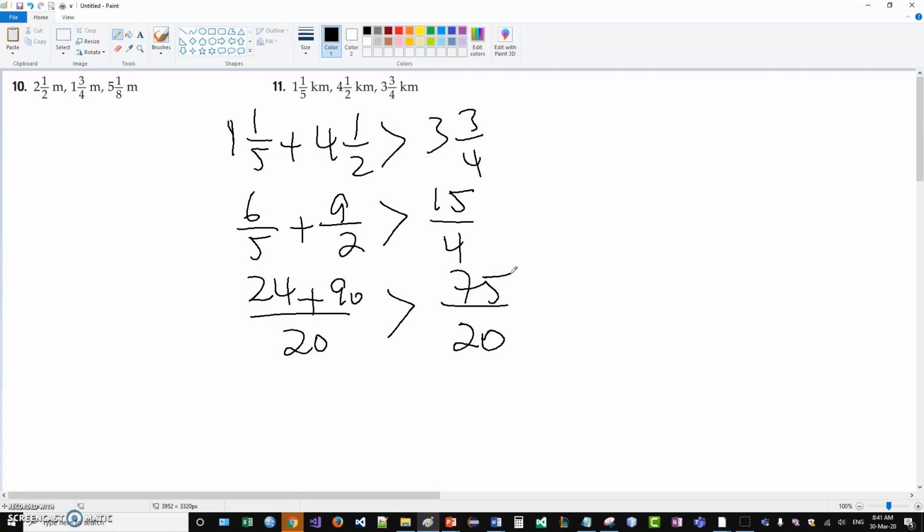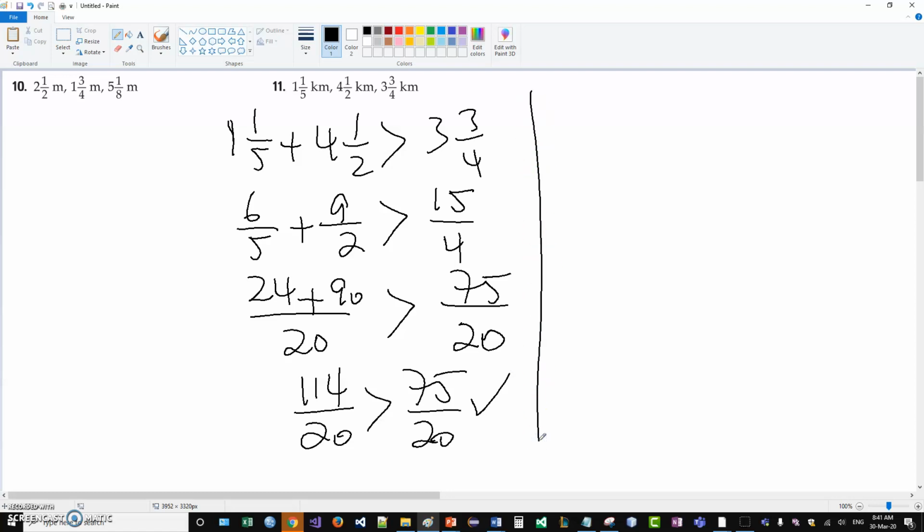So 114 over 20, is that greater than 75 over 20? Yes.